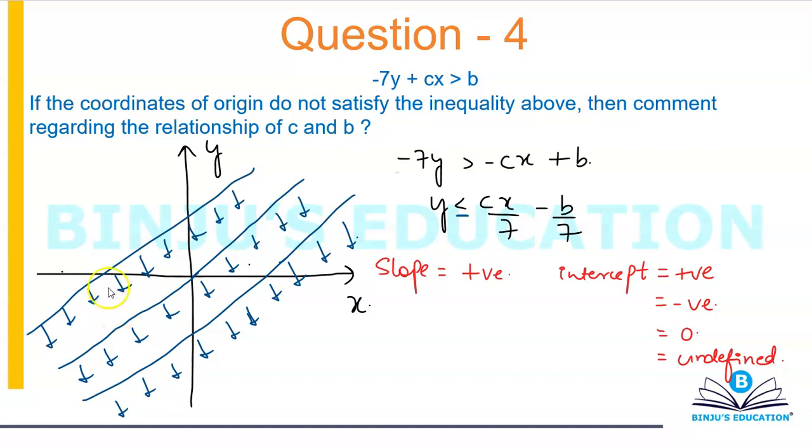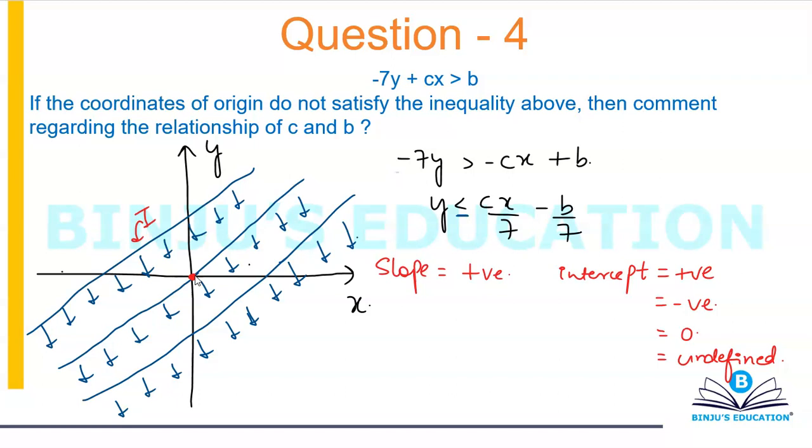For example, if I talk about case number 1, when I have a positive slope and a positive intercept, the line number 1, the region that I have to take is below the line, and you can very well see that this origin also lies below the line, which means origin is satisfying.